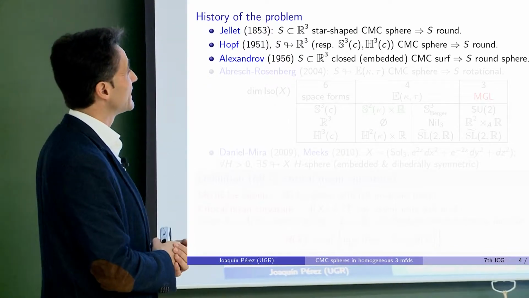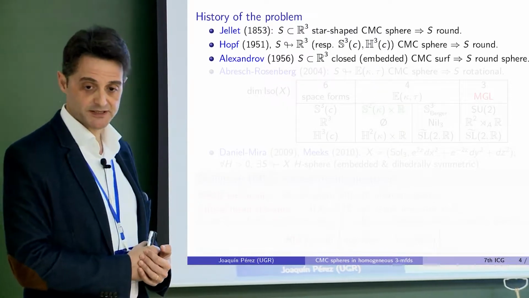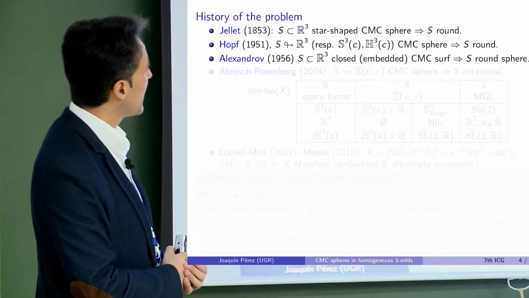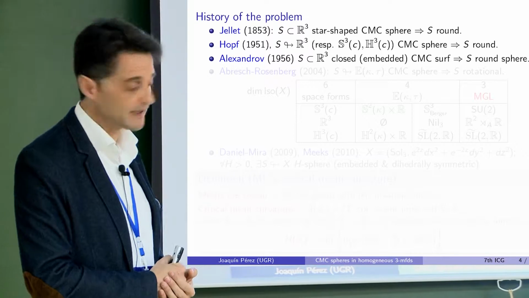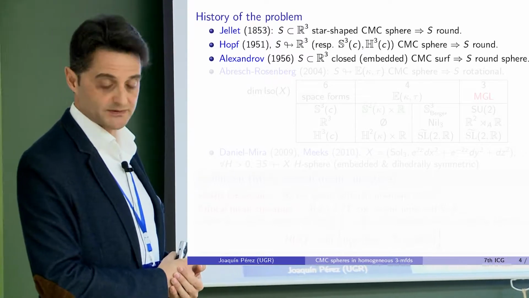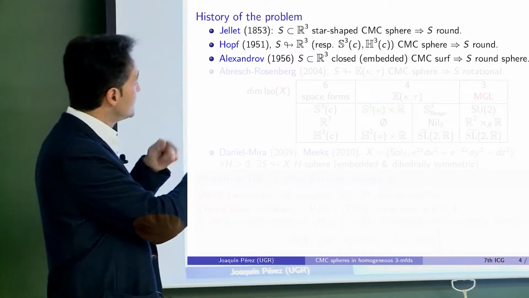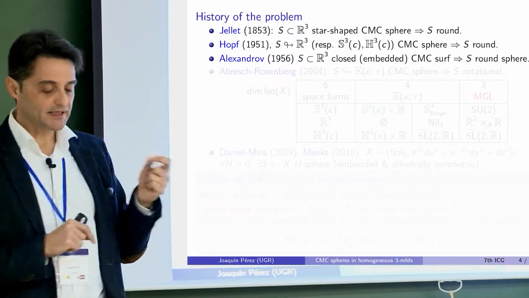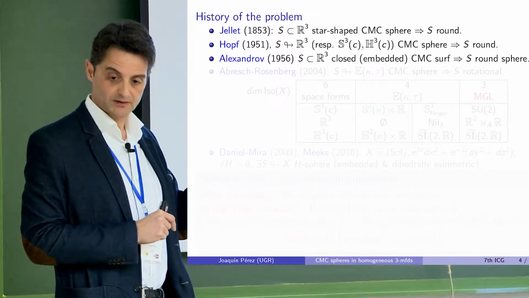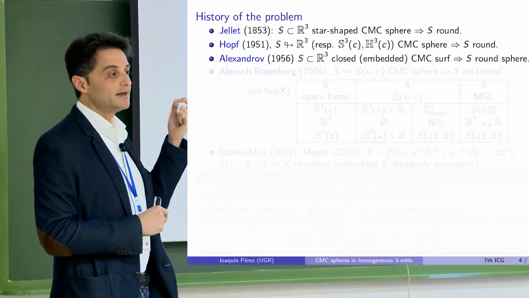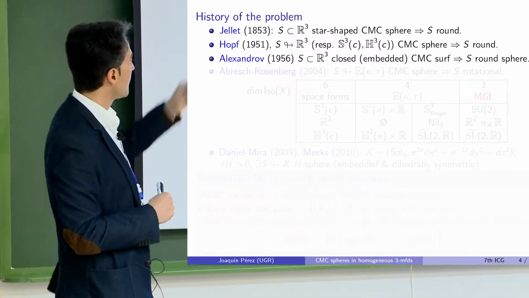Hopf, one century more or less later, proved that you can drop that hypothesis of being star-shaped. So if you have a constant mean curvature sphere in R3 or in S3 and H3, because the same argument works there, then it has to be the boundary of a geodesic ball, right? The main argument in the Hopf theorem is the creation of an object, a quadratic differential, that turns out to be holomorphic for constant mean curvature surfaces in those spaces.